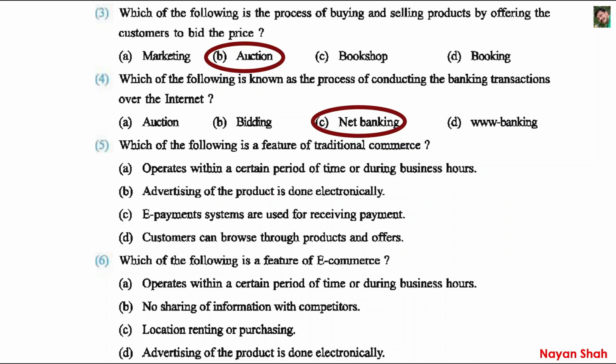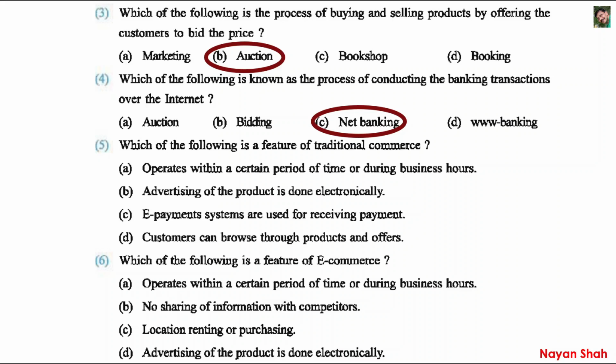It says advertisement of product is done electronically. No, over there the product advertisement is done by physical products which are hung outside the shop or inside the shop. That arrangement done by the shopkeeper is called merchandising. Third, e-payment systems are used for receiving payment.